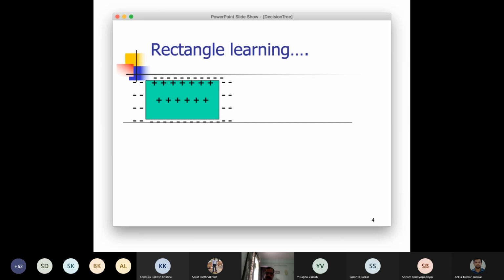Is there any rectangle? You can consider a classifier in this way that you have to identify a rectangle, so any point within that rectangle will be positive, and the points outside will be negative. These are the training examples, of course. To make it consistent, you have to find whether there is any rectangle which is consistent with this kind of labeling. So this is the kind of learning.